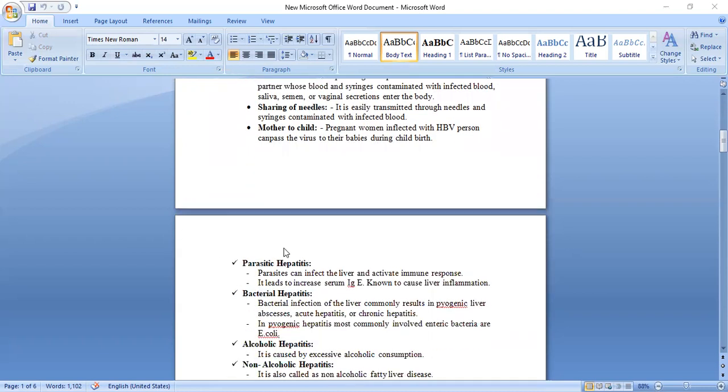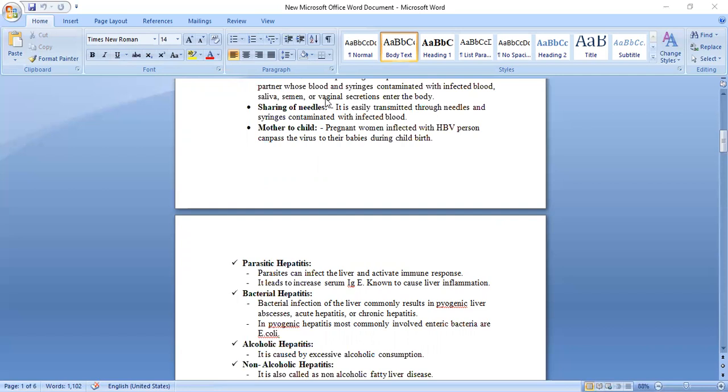And next type, that is parasitic hepatitis. Parasitic hepatitis, the main cause: parasites can infect the liver and activate the immune responses. It leads to an increase in serum immunoglobulin E, known to cause liver inflammation.